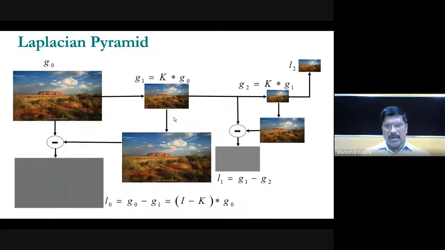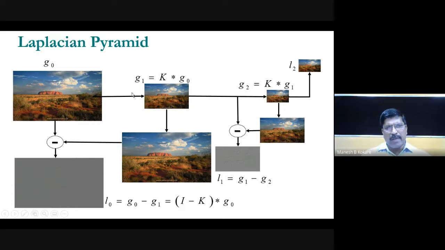Yesterday we saw that this is your original image, and after doing the Gaussian filtering and decimation by 2, row wise and column wise, you got this image. After that, you can do the upsampling of that image, and then you get this.